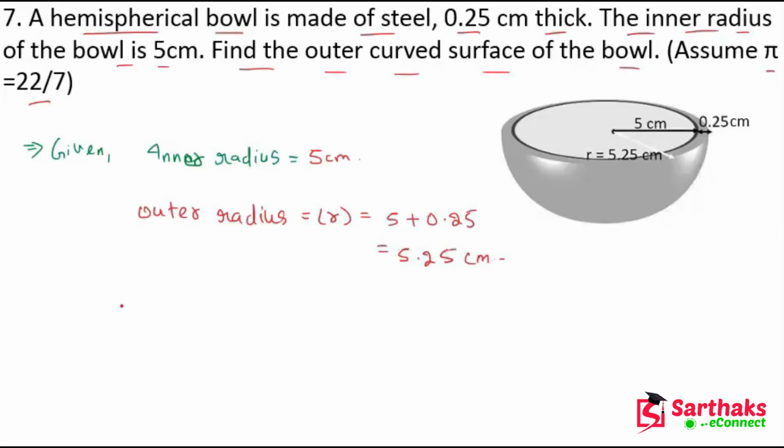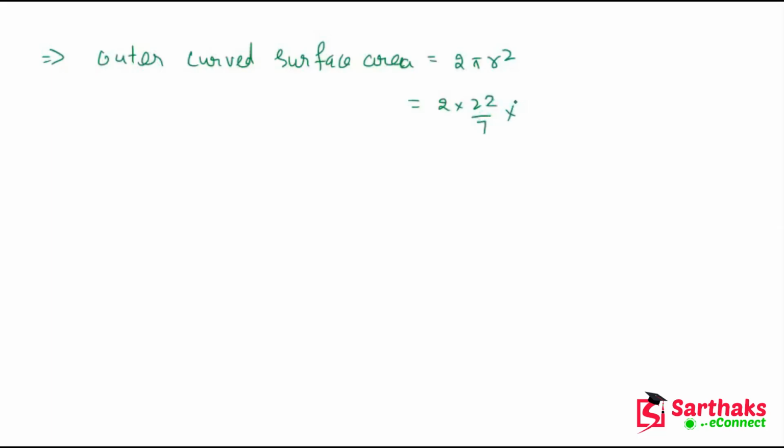Now we can easily find the CSA of the outer part. The outer curved surface area is 2 pi r square, so 2 into 22 upon 7 into 5.25 into 5.25.